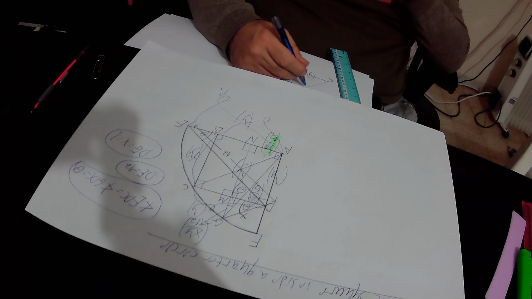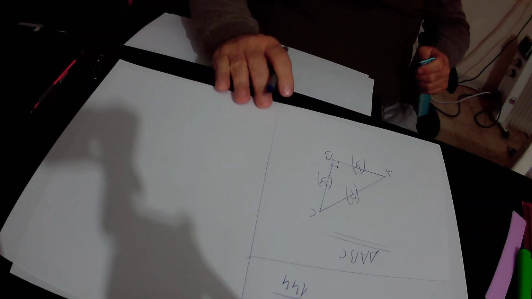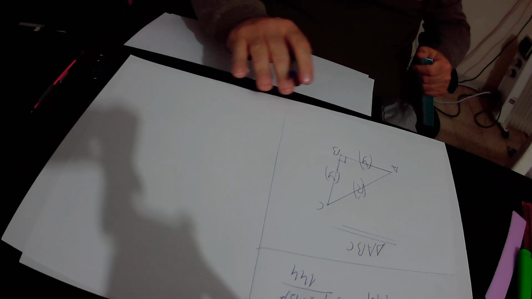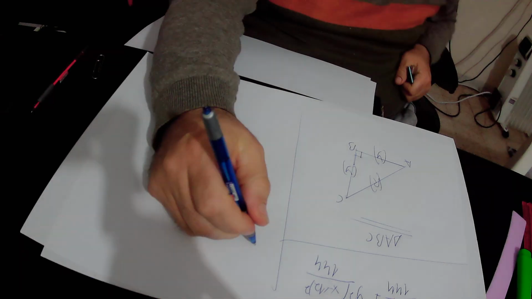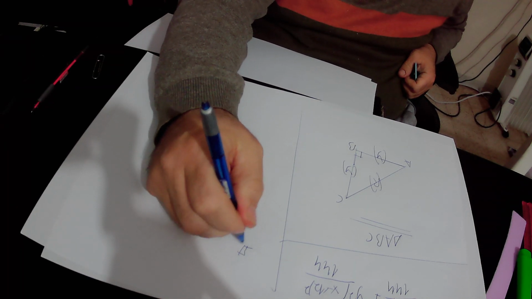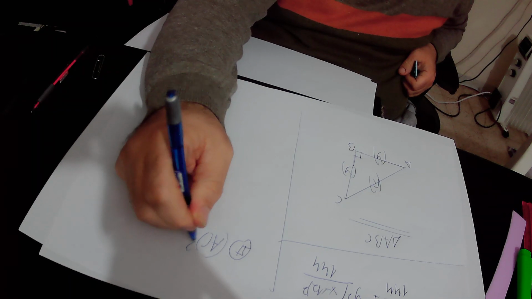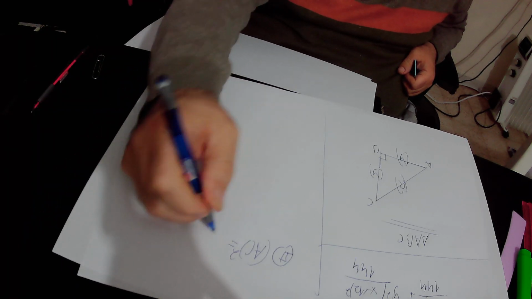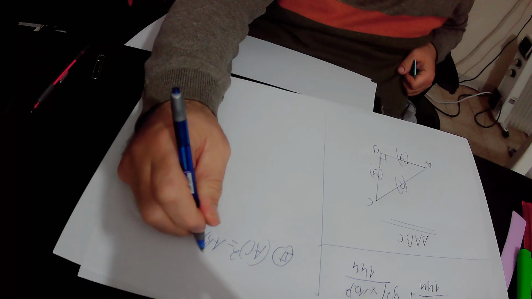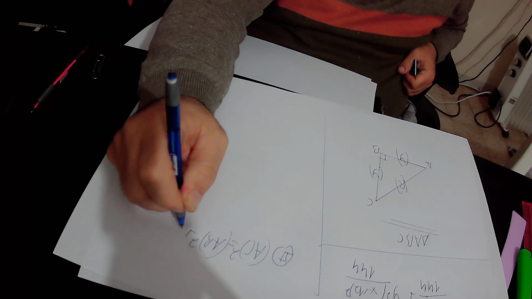Therefore, it is equal to R. So, this is the right triangle ABC that I copied from the original drawing. According to the Pythagoras theorem, in the right triangle ABC, AC squared equals AB squared plus BC squared.